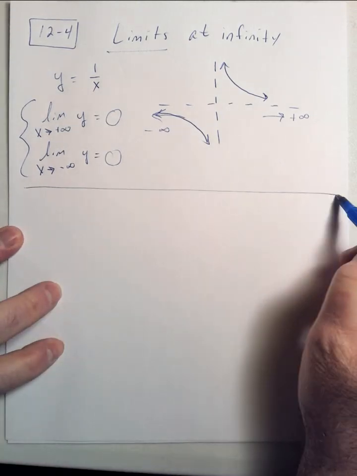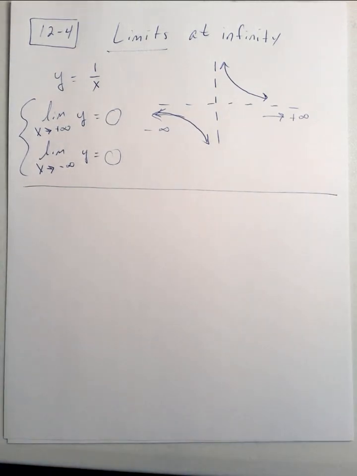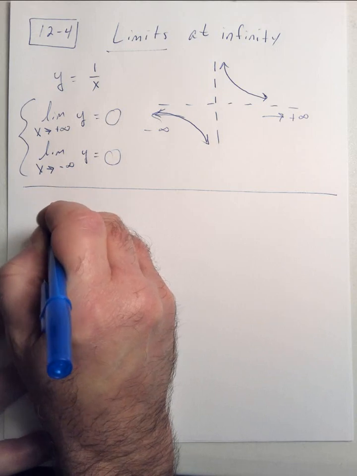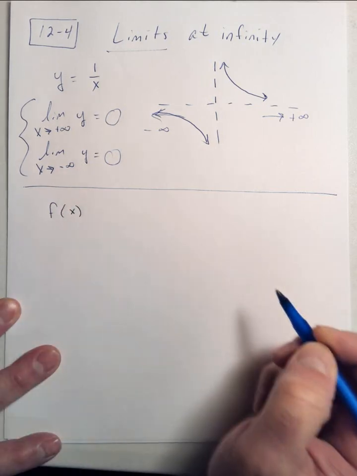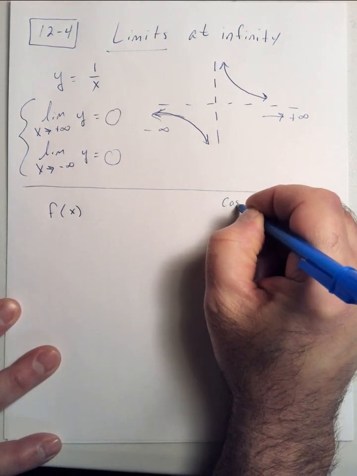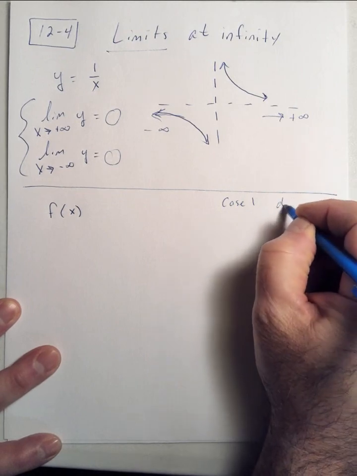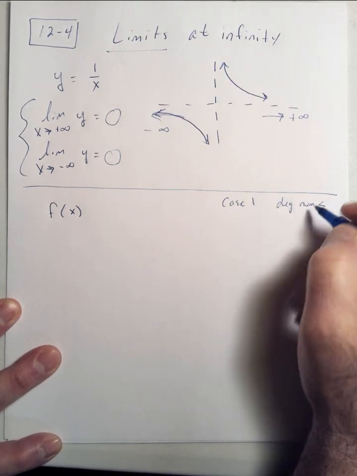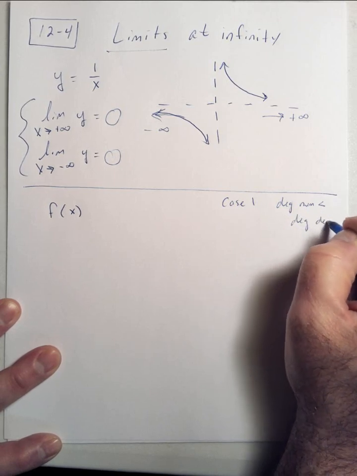Okay. So to kind of get us in the right frame of mind, what we have learned with particular rational functions, which is what this is. Remember, we've got three cases here. First case, case 1, where the degree of the numerator is less than the degree of the denominator.